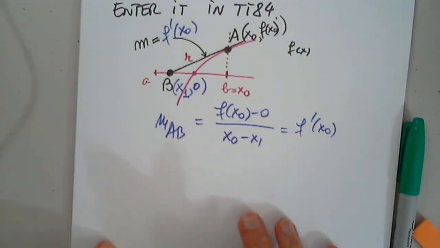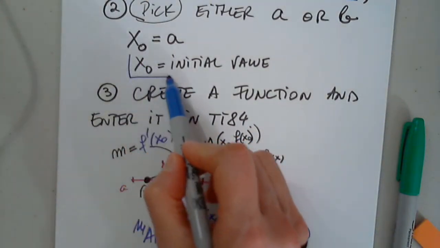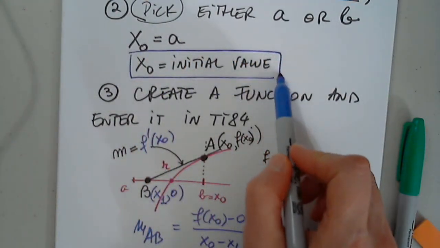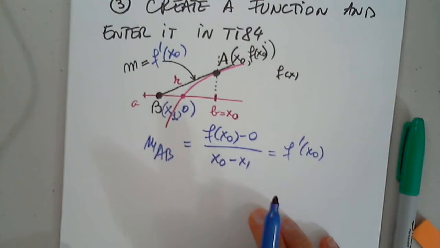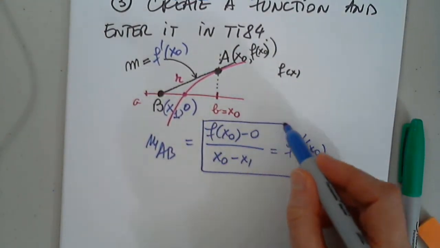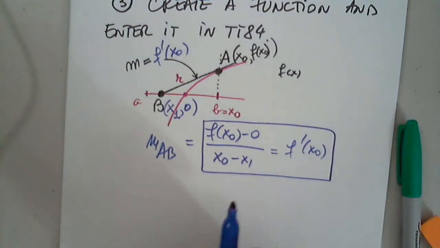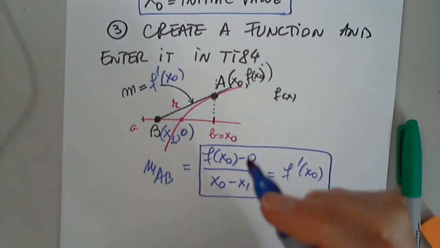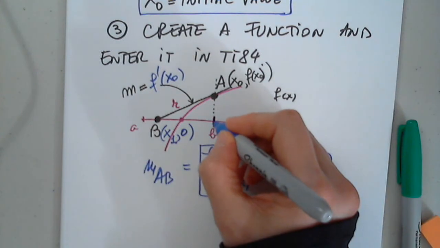Okay. So we started with an initial value, our pick. Now, what do you think I'm going to solve this equation for? Before you answer, let me just give you a hint. This is my starting point.